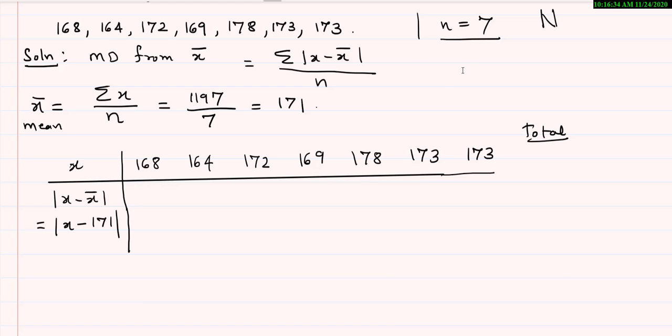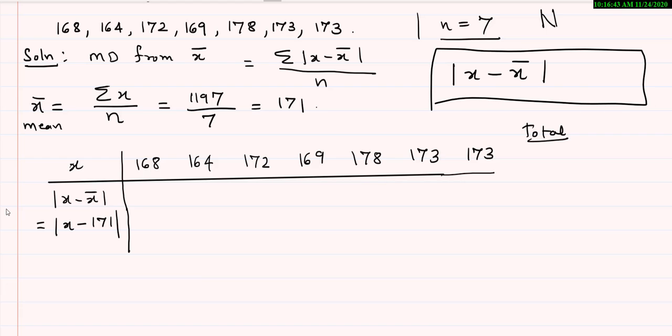Now try to understand the meaning of mod of x minus x bar. It simply tells us that you have to take the difference between x and x bar, and if the answer is negative, just forget the negative sign. That is what it means in simple language.